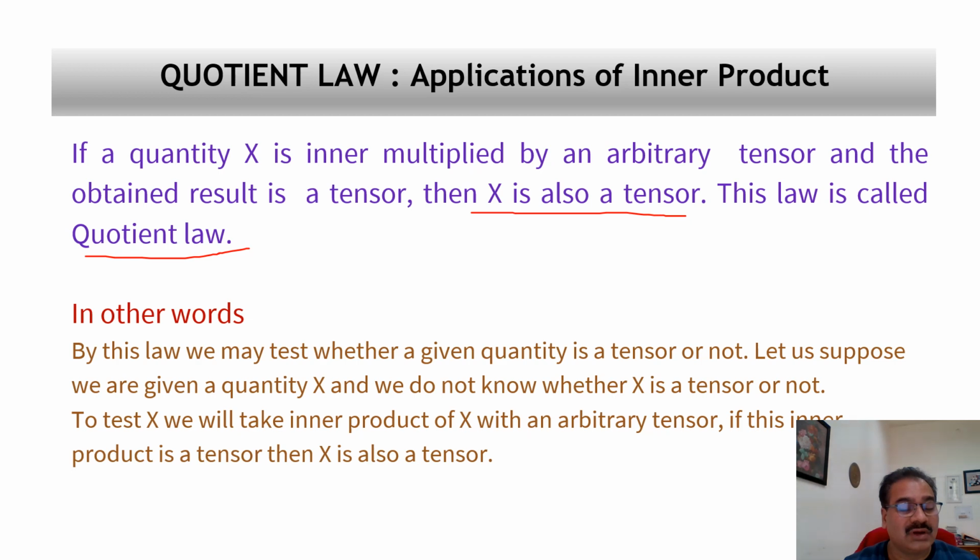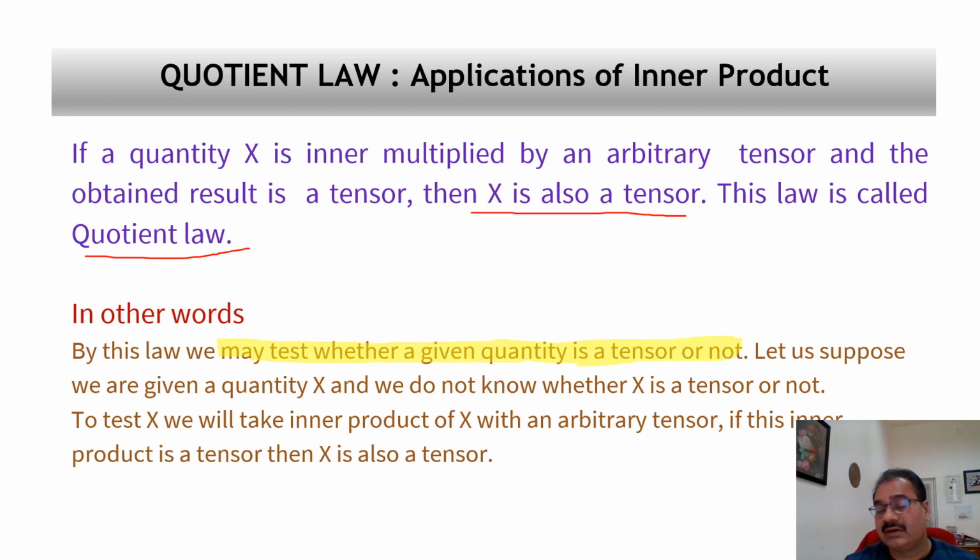As I said, this law is very important. How? Because by this law we may test whether a given quantity is a tensor or not. This is a kind of tool we use in tensors to check whether a quantity is a tensor or not.